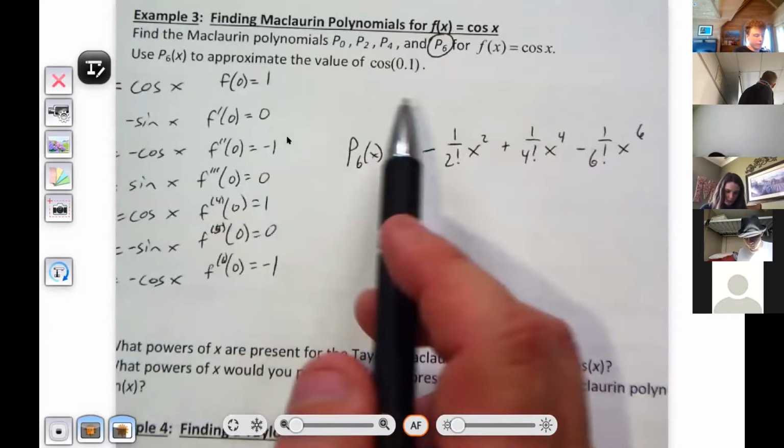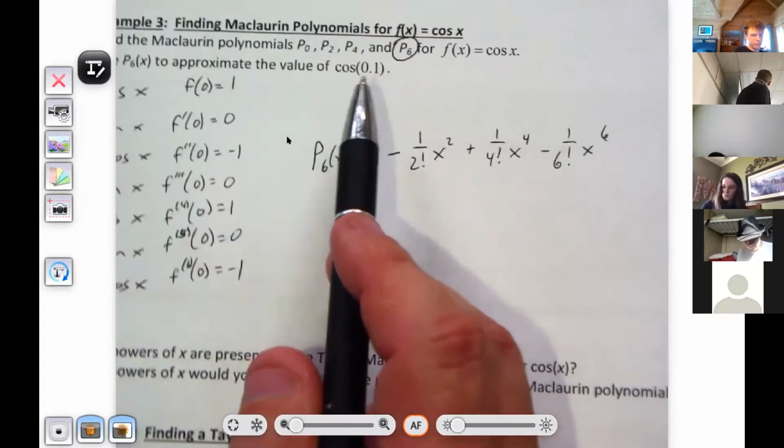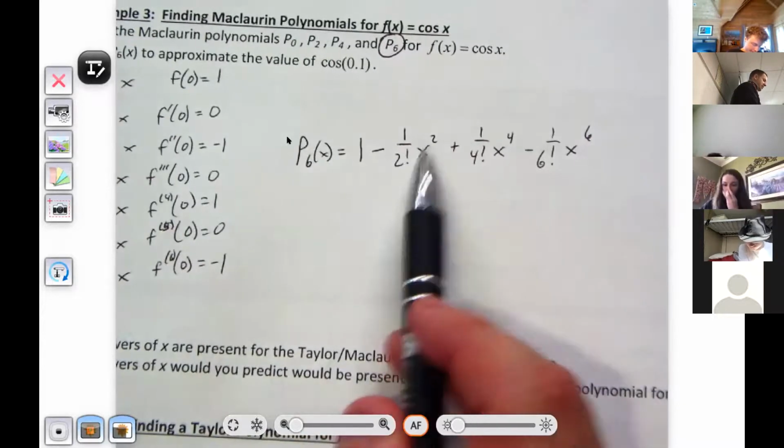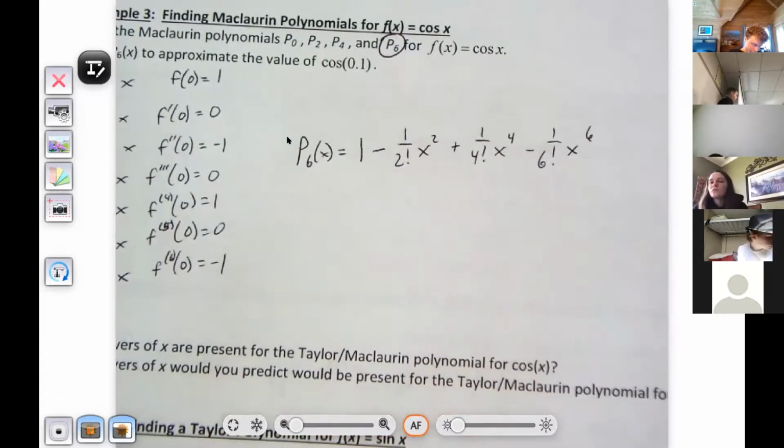It does say use it to approximate the value of cosine of 0.1. Basically what they're saying is this polynomial should tell you what cosine of 0.1 is. It should give you a very, very close approximation. That's the whole point of what we're doing. I'm going to show you what you get if you plug 0.1 in for these x's, and I'm going to tell you what cosine of 0.1 actually is.